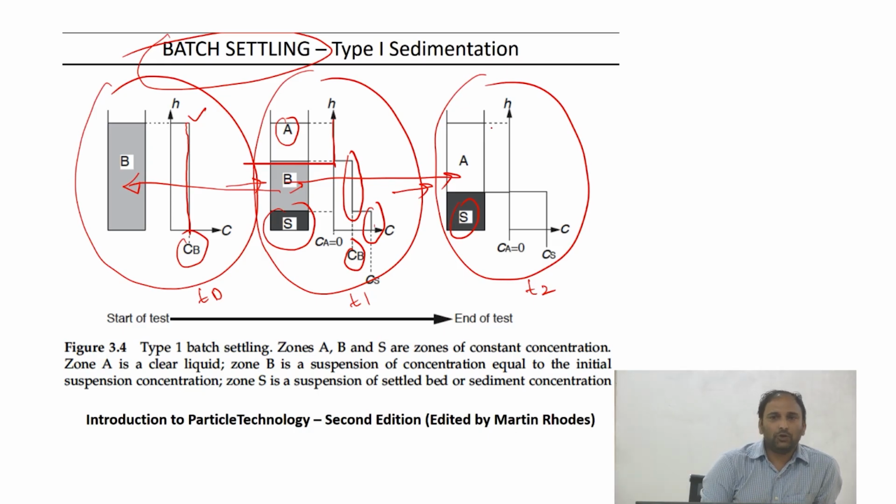What people do from this experiment is track the interface. If I look at the picture in the center, at some point in time I start seeing a clear interface that separates A and B. That forms at some instant in time, and then there's an interface between B and S that could start forming at some instant as well.